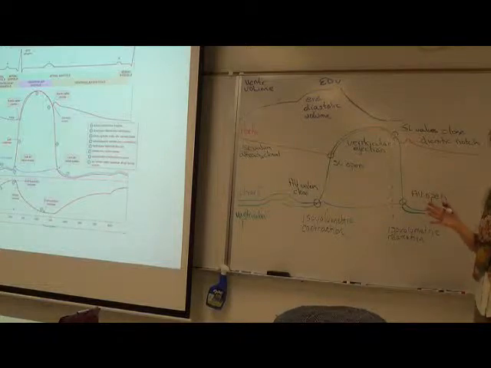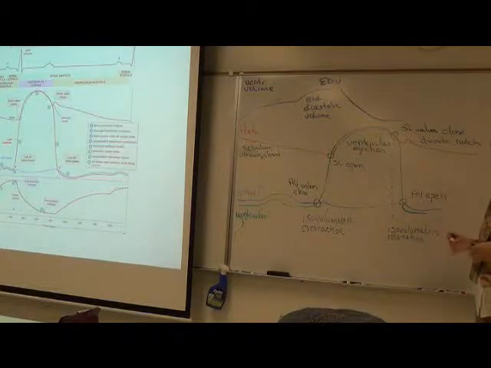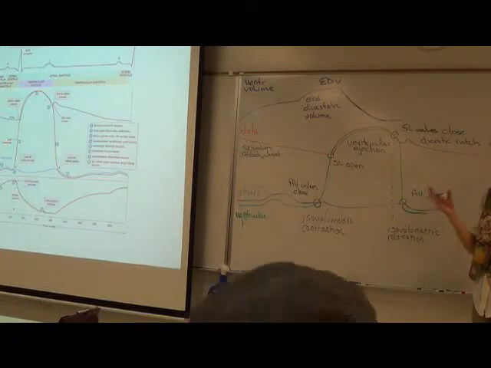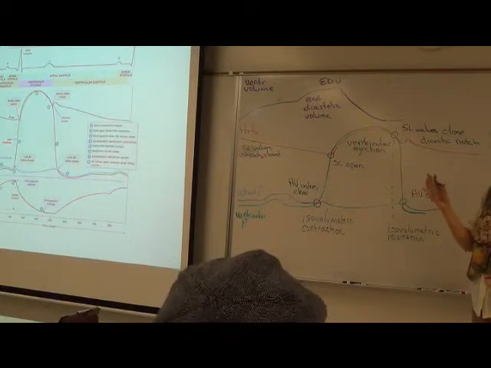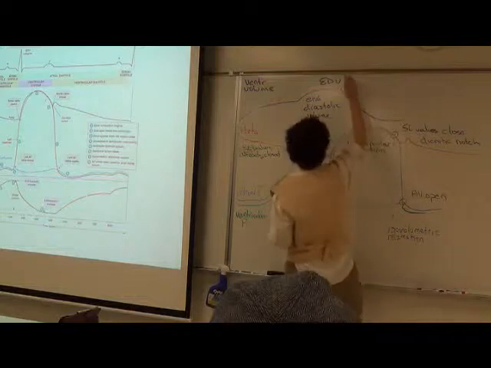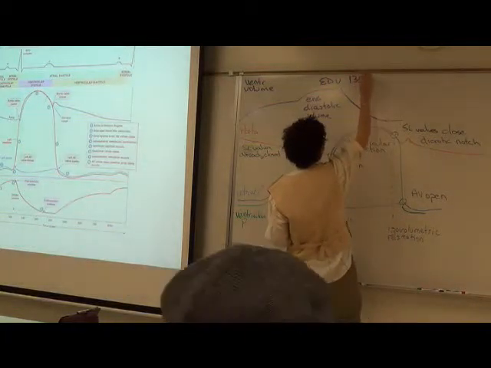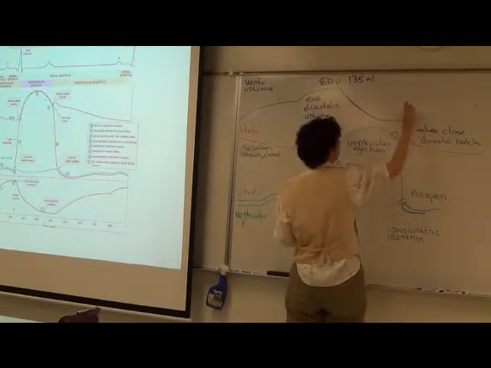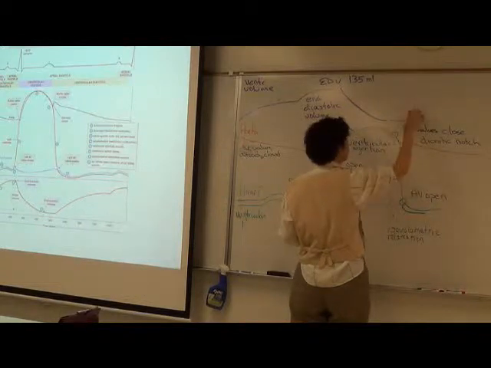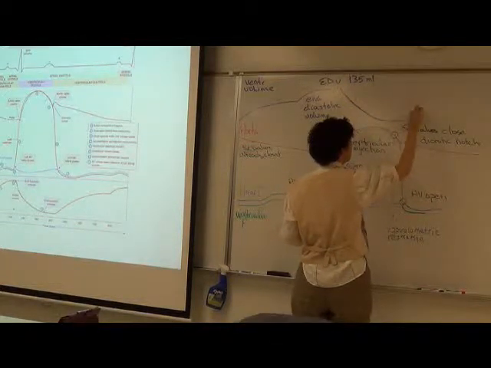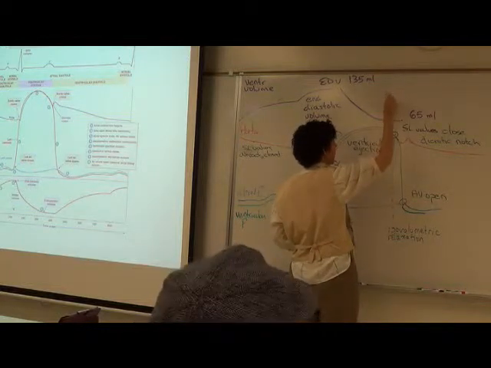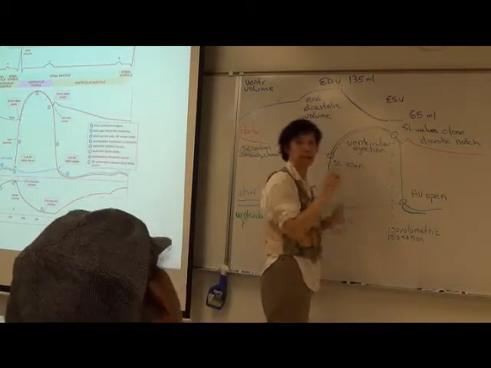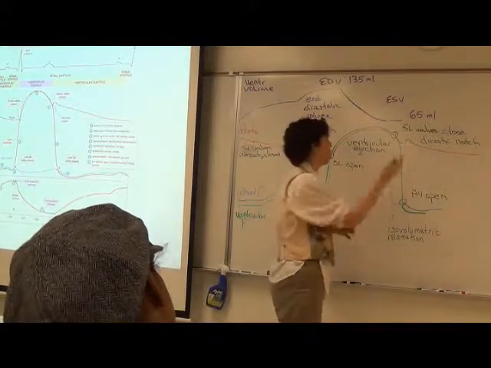It's not completely empty. In a normal heart cardiac cycle, we've really only pumped out slightly more than half. So we've gone from 135 mils average to about 65. And this is known as end systolic volume, the end of systole, the end of contraction.